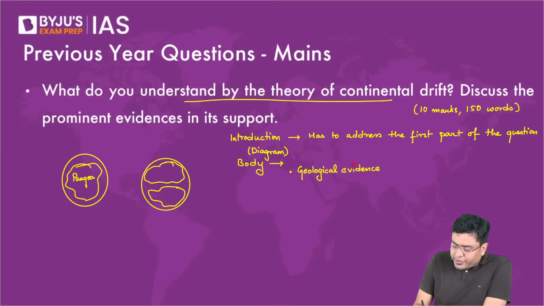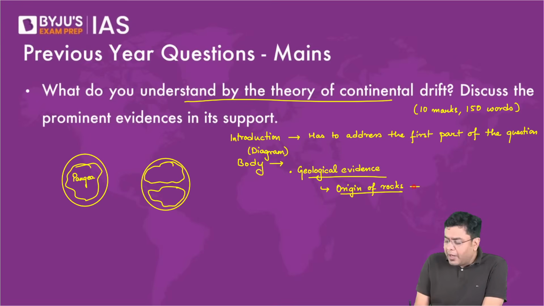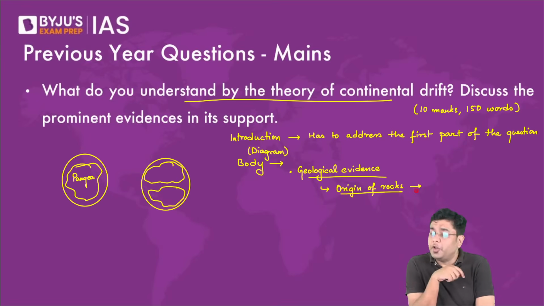So in the case of geological evidence, first of all, you talk about the origin of rocks. There, you talk about how the origin of rocks in the region of the Appalachian Mountains in North America and the region of the Scottish Highlands have a similar kind of origin.